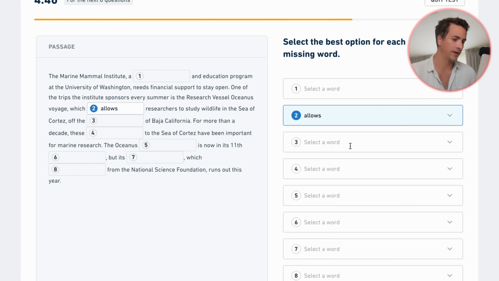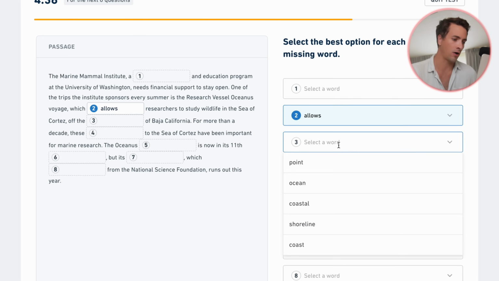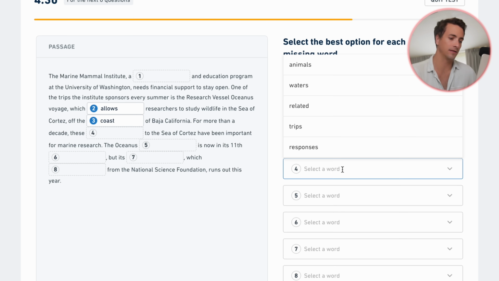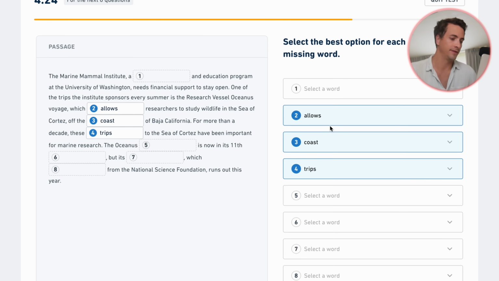To study wildlife in the Sea of Cortez off the coast. Off the coast, that's another phrase. For more than a decade, these trips to the Sea of Cortez have been important for marine research.